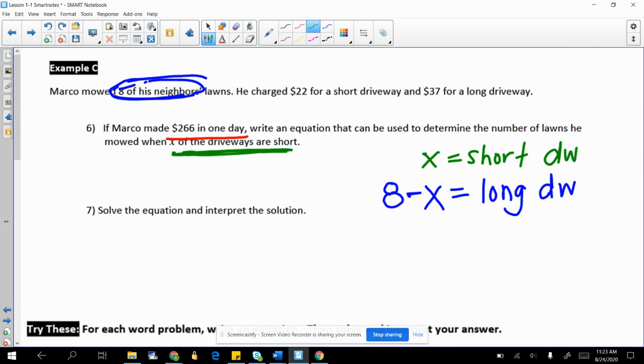So we know he's charging $22 for short driveways and $37 for long driveways.